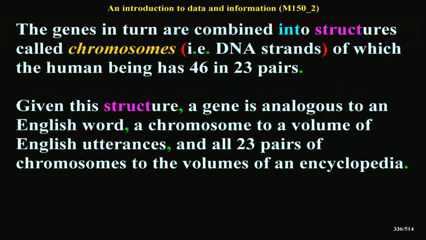The genes in turn are combined into structures called chromosomes, i.e. strands, of which the human being has 46, in 23 pairs. Given this structure, a gene is analogous to an English word, a chromosome to a volume of English utterances, and all 23 pairs of chromosomes to the volumes of an encyclopedia.